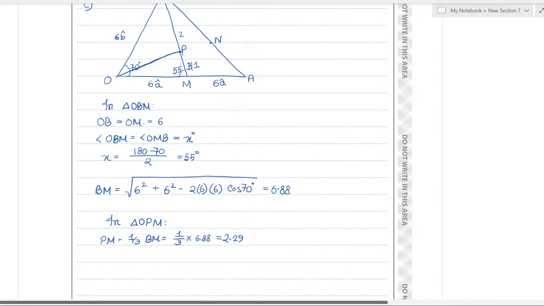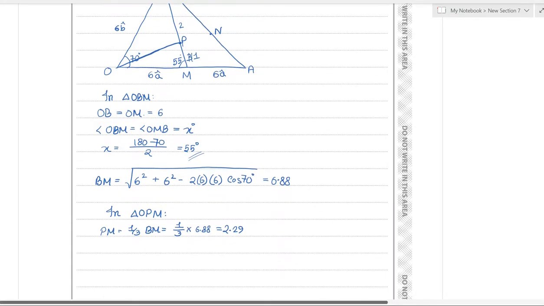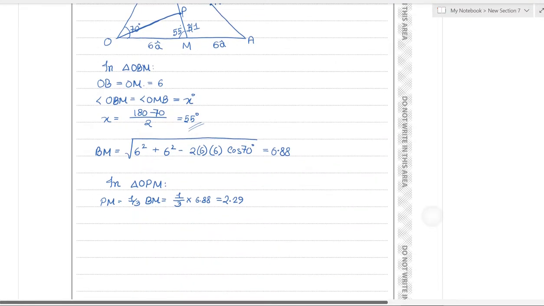And now you have the value for angle M, which is 55 degrees, as these two were considered as angle X. Angle M is the opposite of OP, so you can easily use that 55 degrees to find the value for OP using the cosine rule.